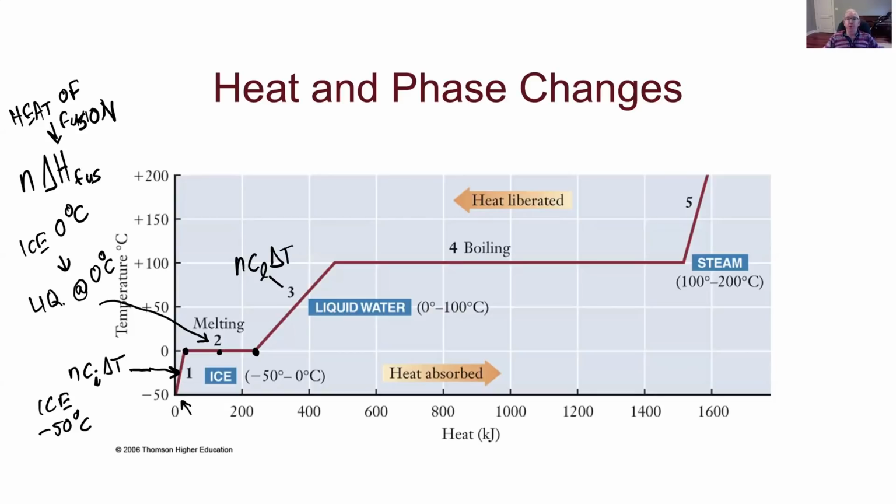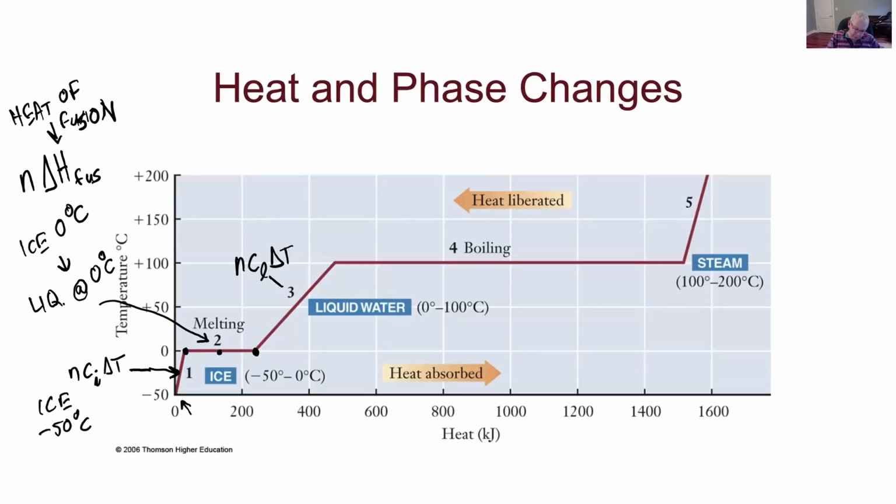If you look at the slope of those two line segments, line number 1 versus line number 3, the slopes are obviously different. The slopes are different because the heat capacities are different for the liquid versus the solid, all right?